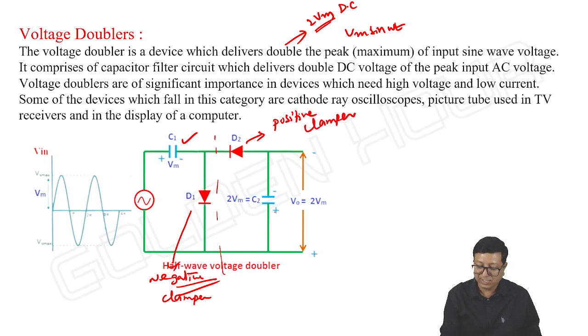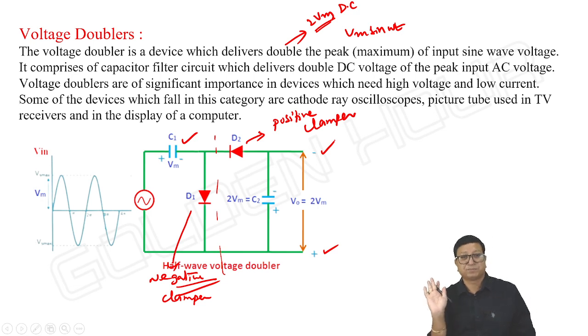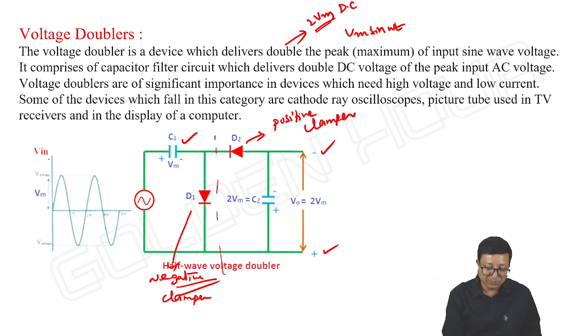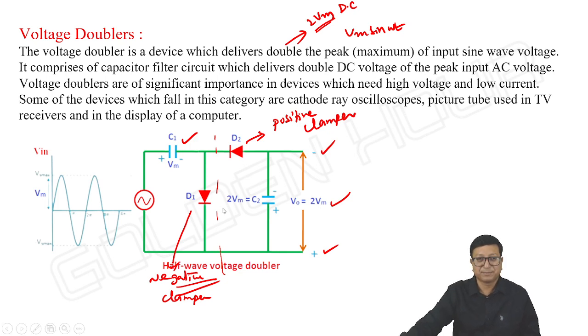And here C2 will charge to 2 Vm with polarities from bottom to top, and output is also having polarities from bottom to top. So input is a pure sine wave of peak amplitude Vm. Output is a DC signal whose amplitude is equal to twice the peak amplitude of the input. That's it. This is the idea behind the basic voltage doubler circuit.